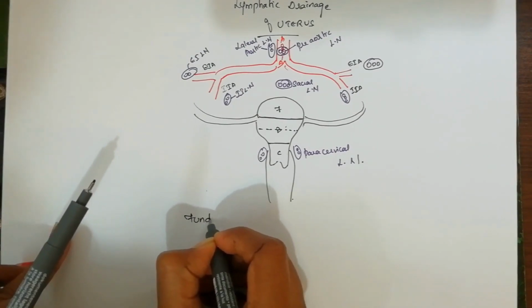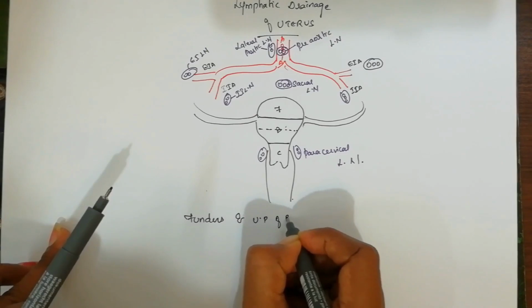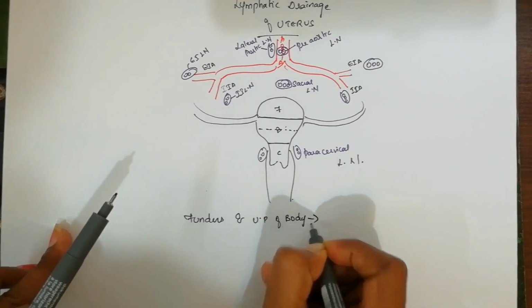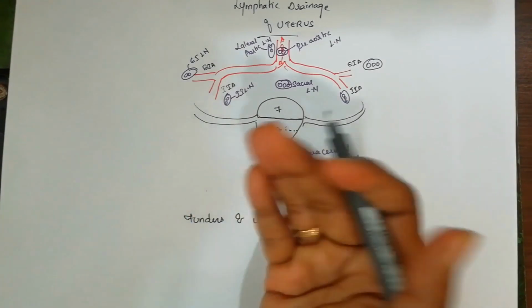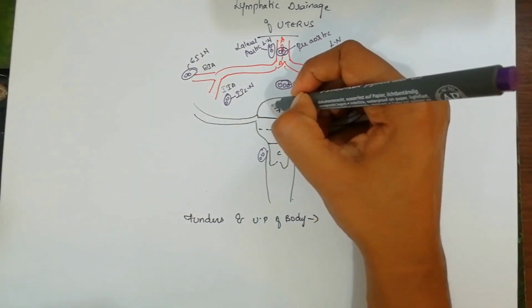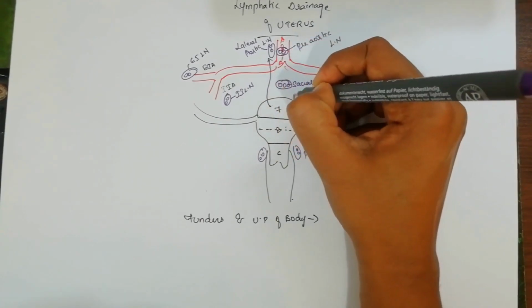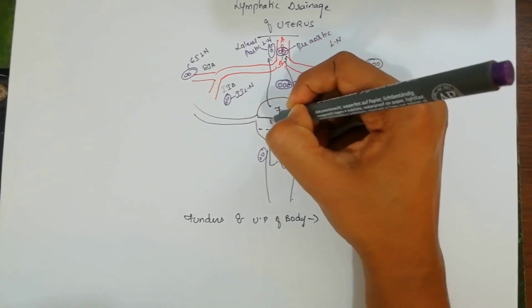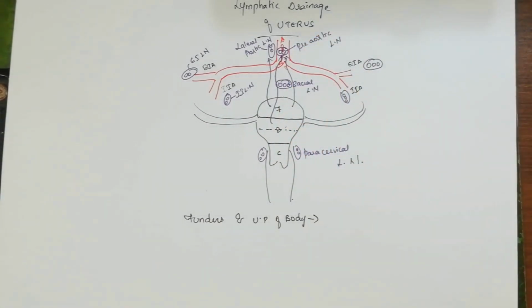So this fundus and the upper part of the body are both getting drained into lateral aortic and pre-aortic lymph nodes. From here it is passing upwards, both the upper part of the body and the fundus.